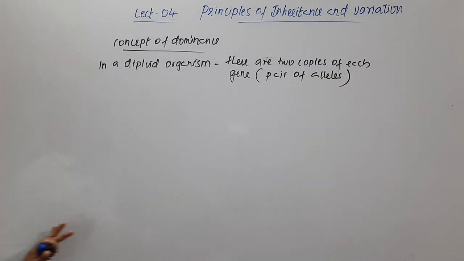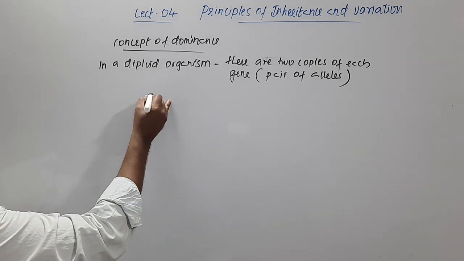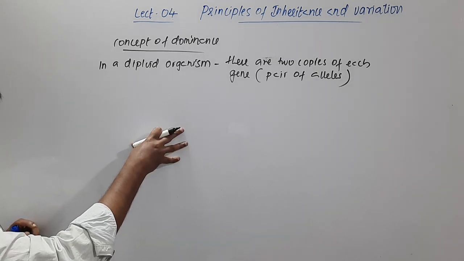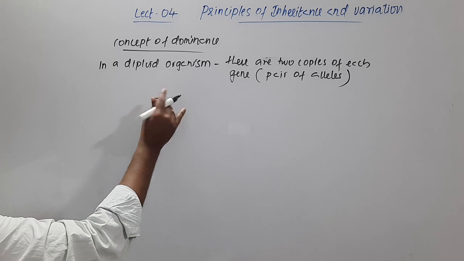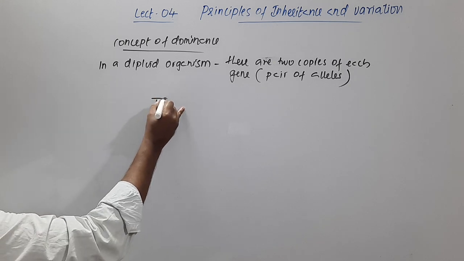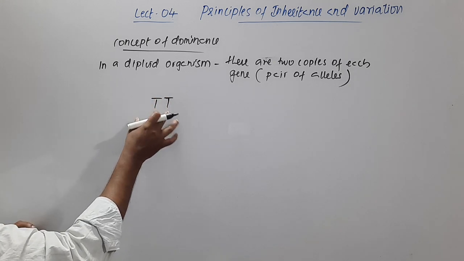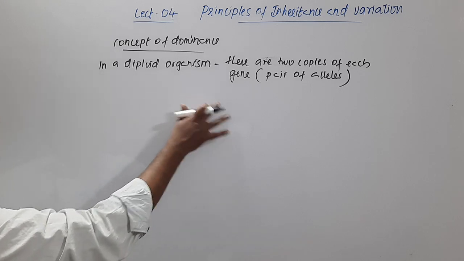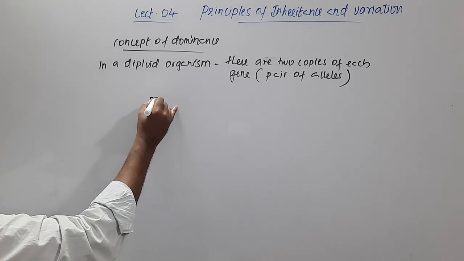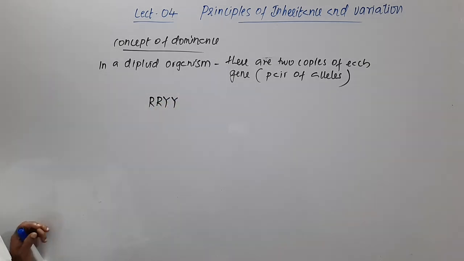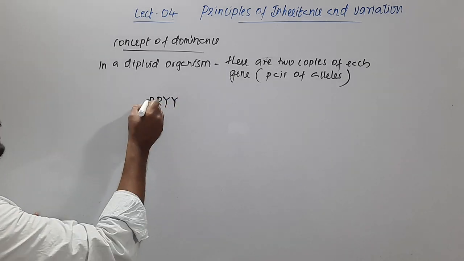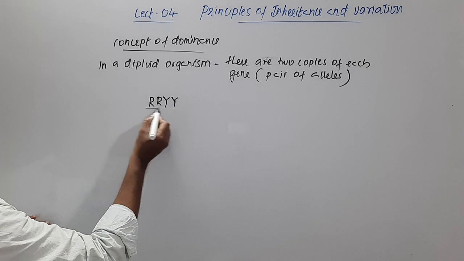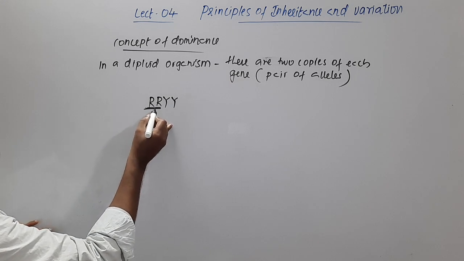So when I have taken the parents, I always mention two alleles for each character. So capital T, small t, or you can see here capital R, capital R, capital Y, capital Y. As I said, these are two copies of each gene.